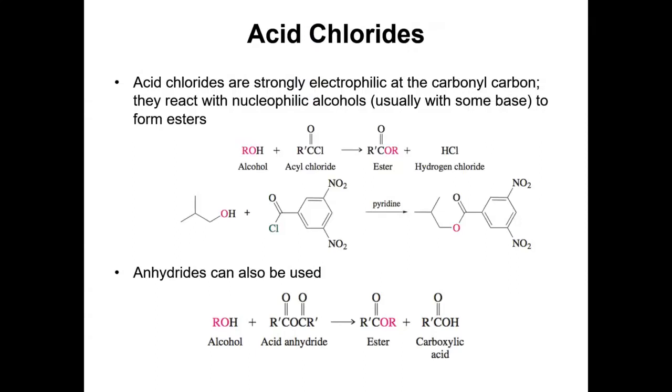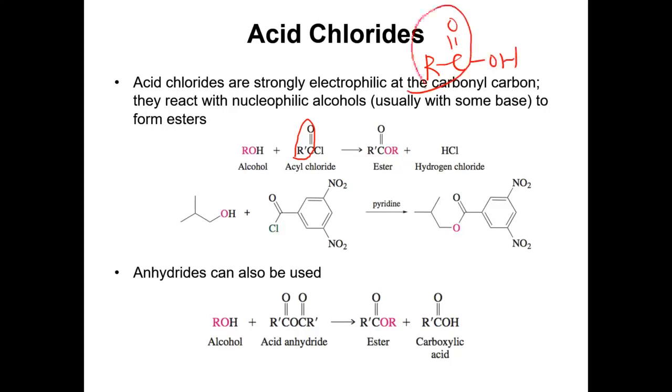Okay. Now, in addition to reacting with carboxylic acid, alcohol can also react with other compounds that can donate the so-called acyl group. So this whole thing is called an acyl group. The carboxylic acid has an acyl group to donate.